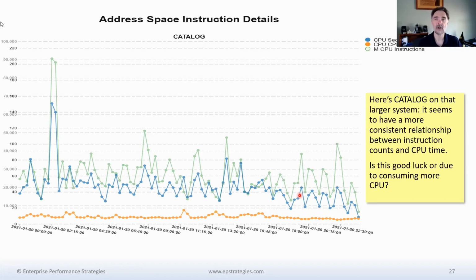If you have more CPU being consumed, hopefully the effect of those sporadic interrupts is somewhat less impactful. I also should point out that it depends on the system configuration quite a bit too, in terms of what CPUs are enabled for interrupt, and the good luck or bad luck of the address space being dispatched on those CPUs and stuff like that as well.